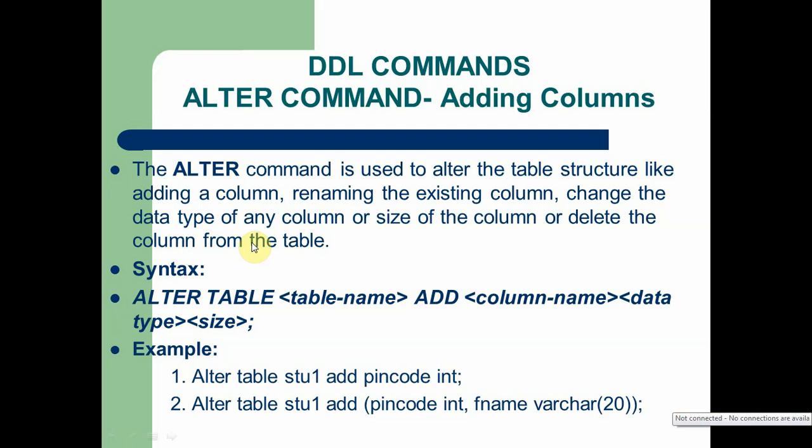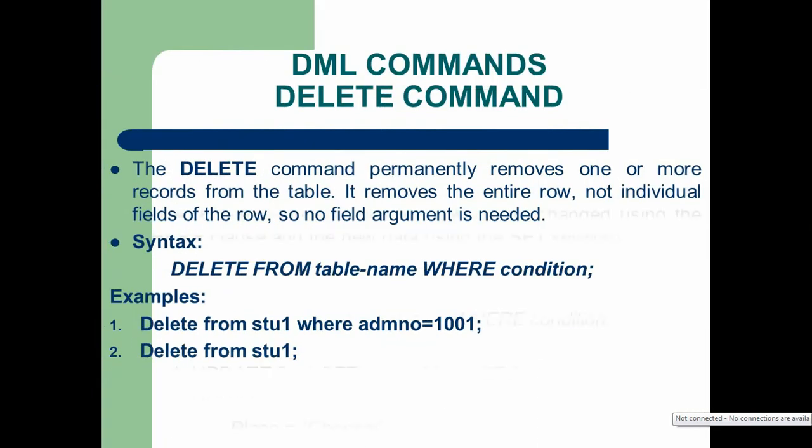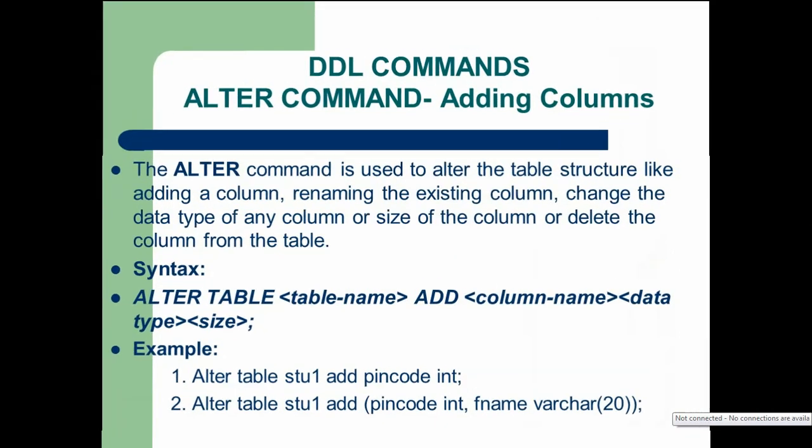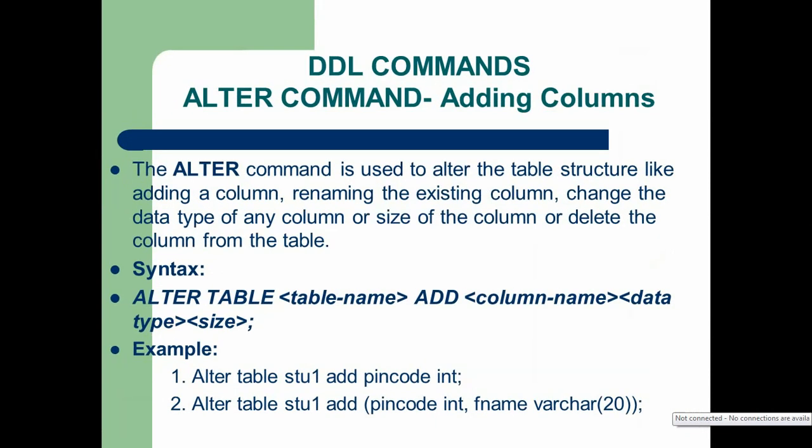In the previous commands we saw update and delete, which change the records inside the table, but the alter command is used to change the structure of the table. Adding a column, changing the data type or size of a column, removing a column: these are the alterations we can execute by using the alter command.